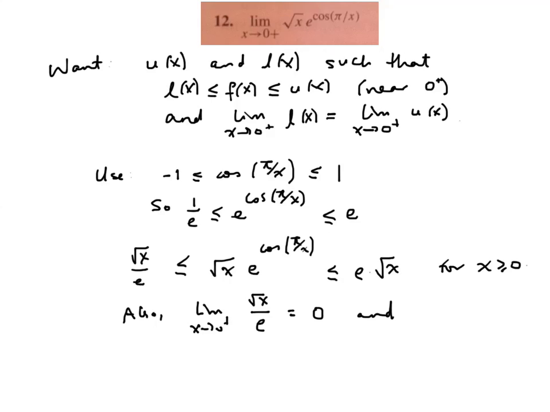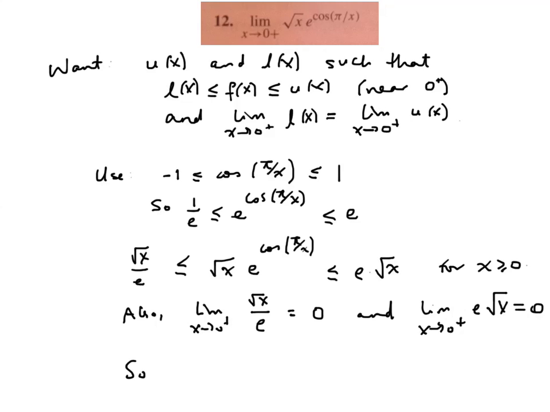And also, the limit as x goes to 0 from the right of e times the square root of x is also 0 for the same reason. e is a constant, this square root of x piece is going to 0, so we get 0.